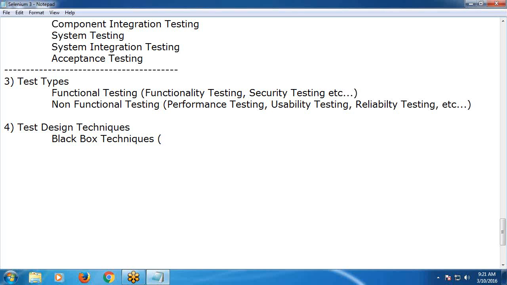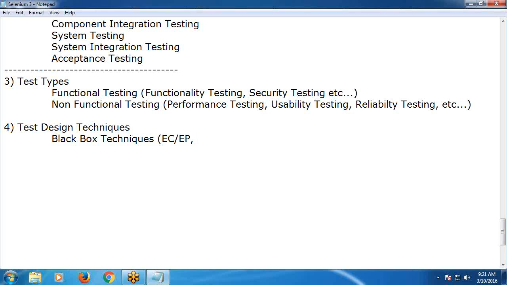Functional testing. Functional testing is a technique. Is it a technique? No, sir, it's a test type, sir. Test type. First try to identify the terms. Yes, sir. Equivalent classes, or you can say equivalent partitions.